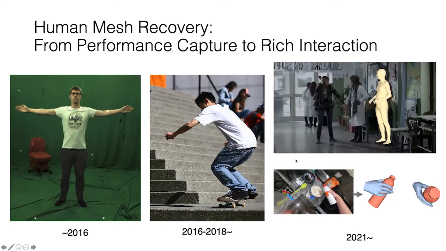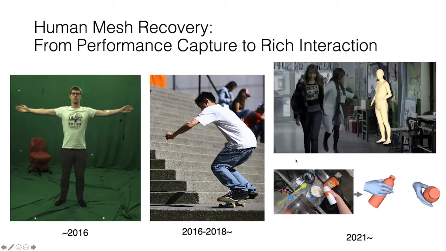Okay, so I think really where we're going is from performance capture, which we're starting to be able to do, although there's still a lot of work to be done, to moving on to storytelling or understanding rich interaction between people. And one of those is in the realm of understanding people from movies and understanding how hands interact with objects, which I talked about today.